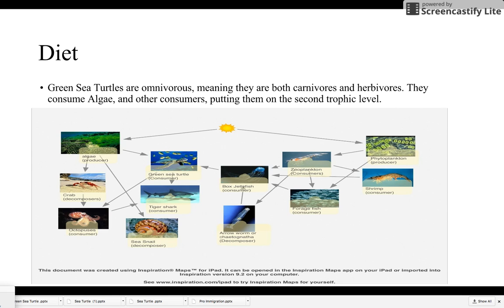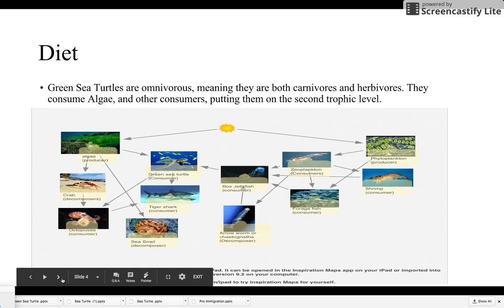But as they get older and mature, they tend to become more herbivorish. I don't even know if that's a word, but they tend to eat more seagrass and don't really focus on eating meat as much. And because of what they eat and what they consume, they're put on the second trophic level on the whole food spectrum.